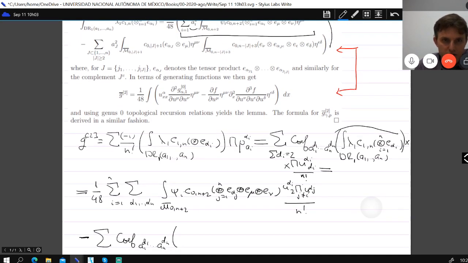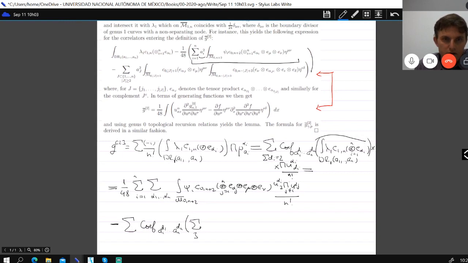Of course, sum over J. Or maybe we can make this sum over J here.